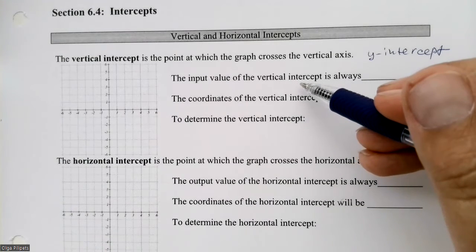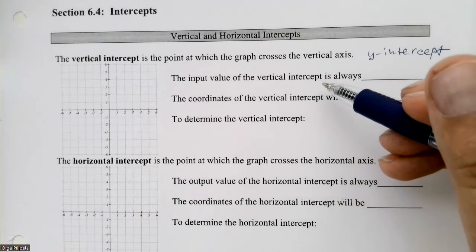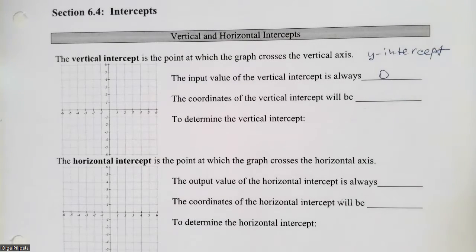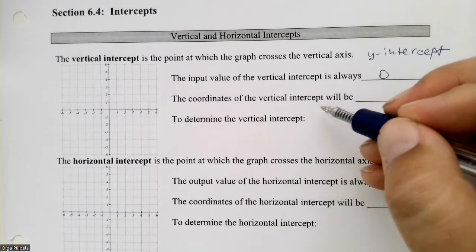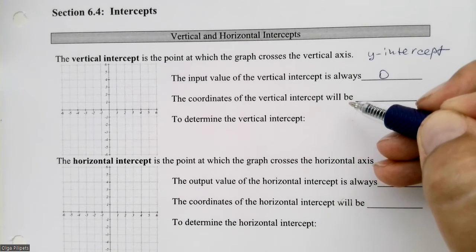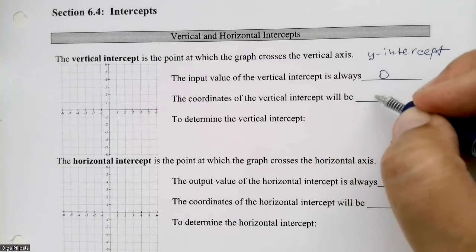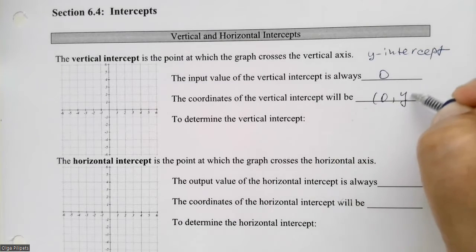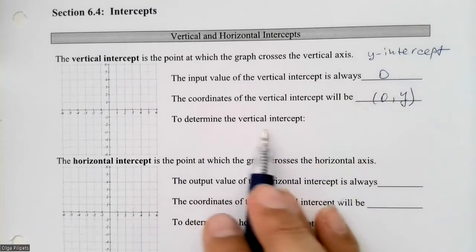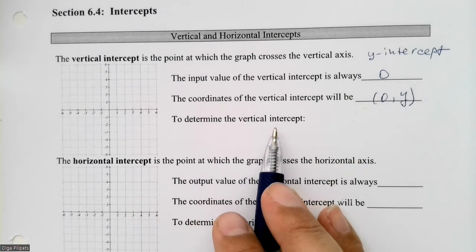So the input value of the vertical intercept, or the x value, is always 0. All right, the coordinates of the vertical intercept will be 0 and some kind of y value.